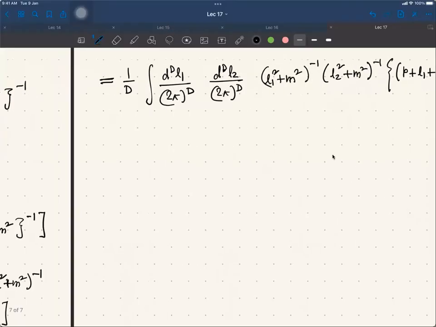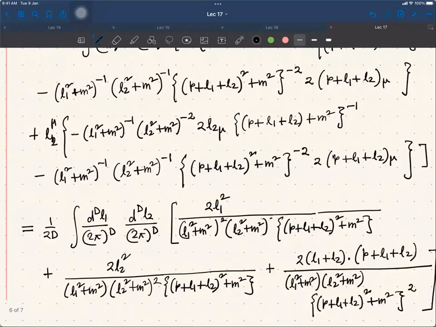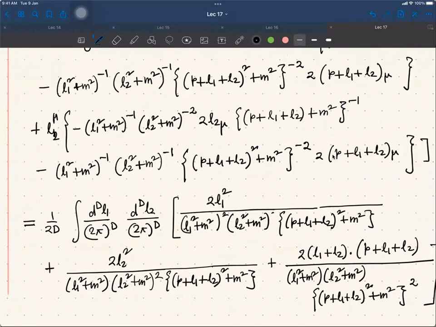So I have taken some of the factors from here, the common factors in the denominator, and keep them outside, and then within the bracket I will have, you see, the first term has L1 square plus m square to the power 2 here. The second term has a second factor to the power 2, and the third one has a third factor to the power 2. So I have taken one factor from each of these.